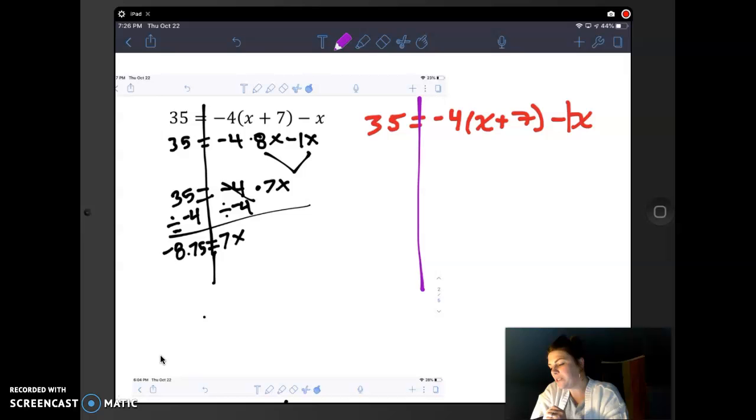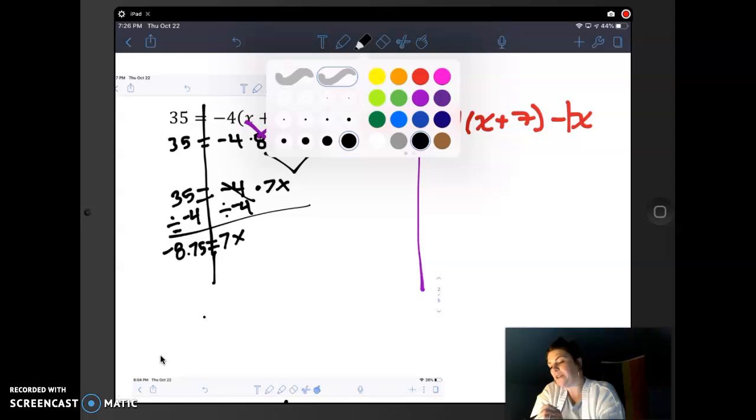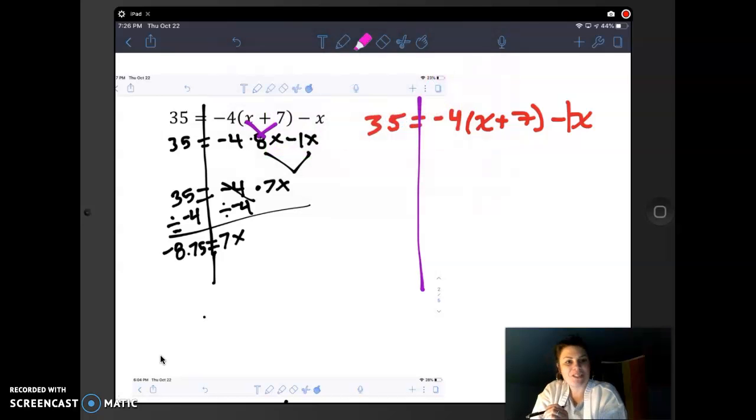All right, so I noticed that you look like you tried to combine these like terms together. When you see parentheses, you need to distribute into those parentheses first.